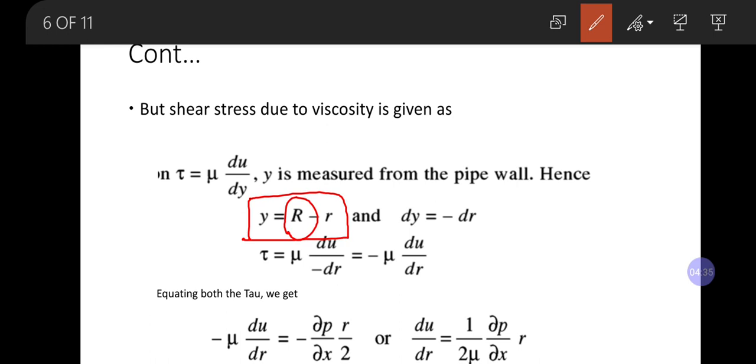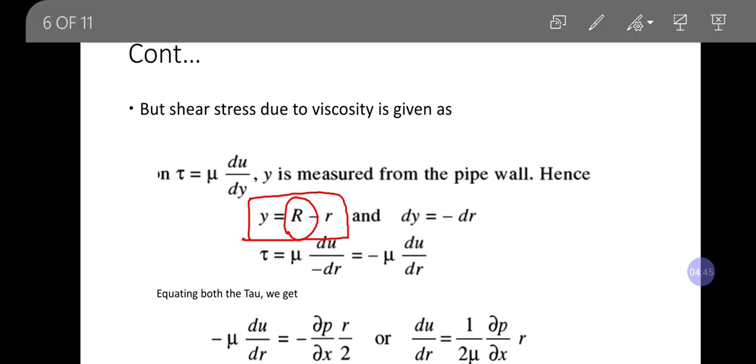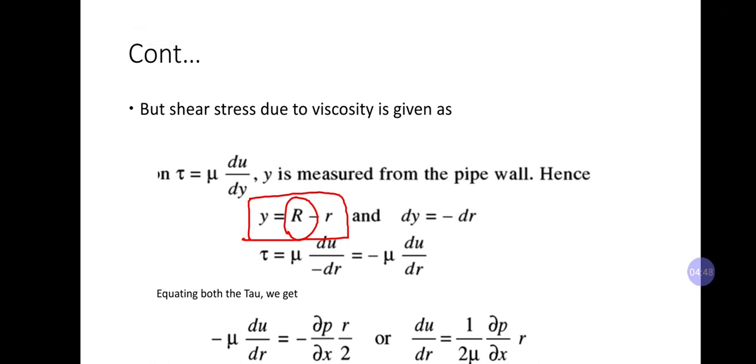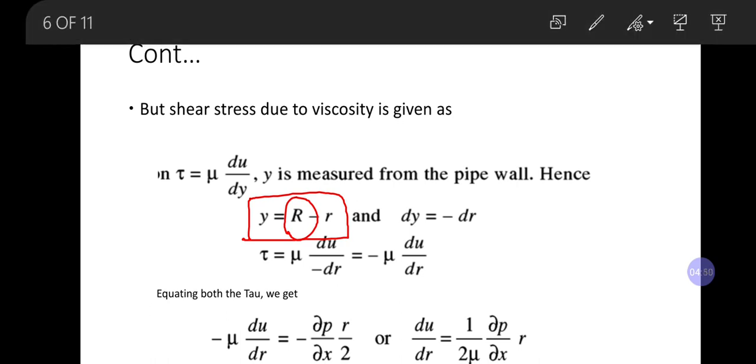It cannot vary. So I'll get dy is equal to minus dr, and I'll put it in the equation of tau. Tau I will get minus mu du by dr. Equating both the taus, the first shear stress that we have derived and the second shear stress: minus mu du by dr is equal to minus del p by del x r by 2. From this we will get du is equal to 1 upon 2 mu del p by del x r dr.